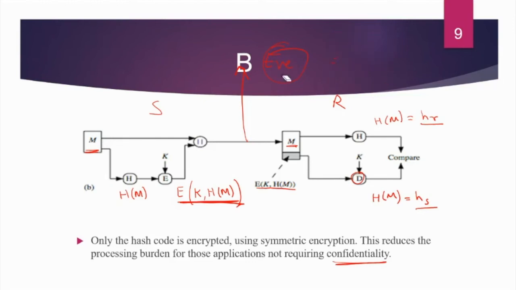So this is the method which will not give you confidentiality, but only message authentication. It can authenticate that the message is coming from a particular source, right? So processing time is less, and this method is useful when we need only authentication rather than confidentiality.